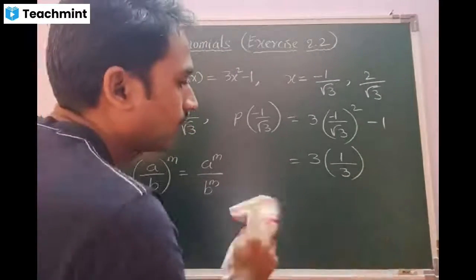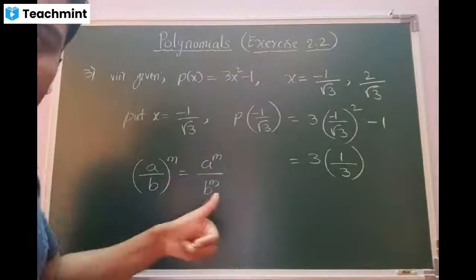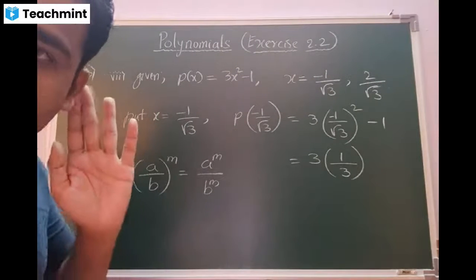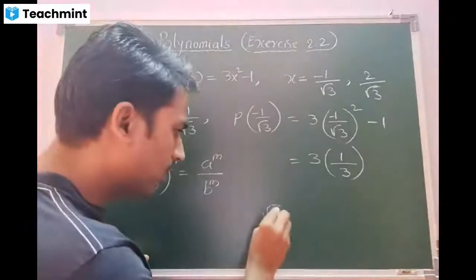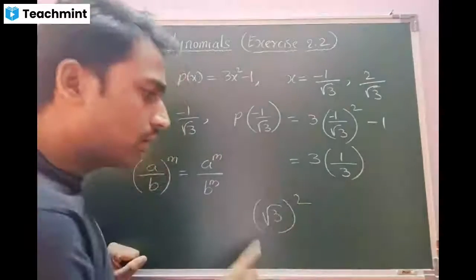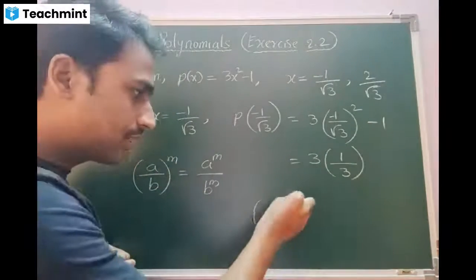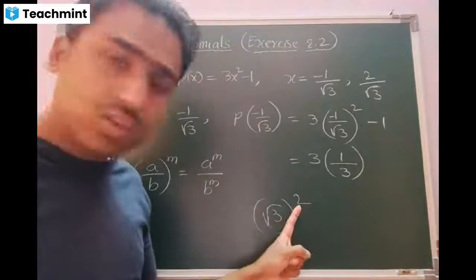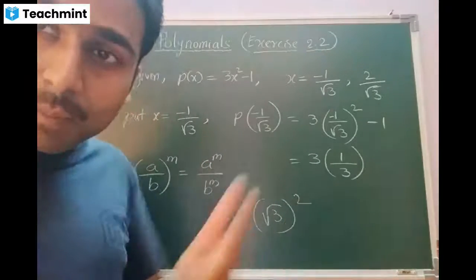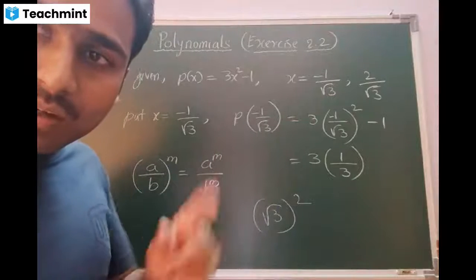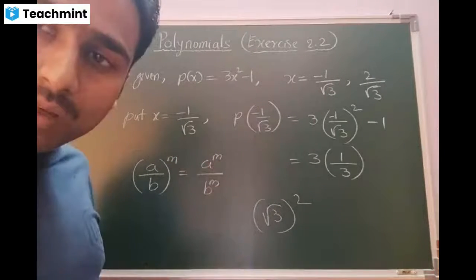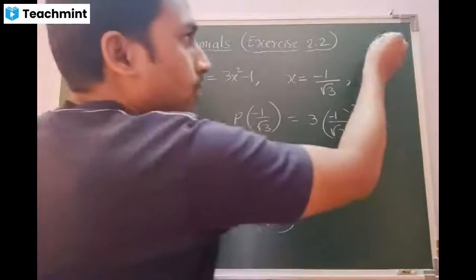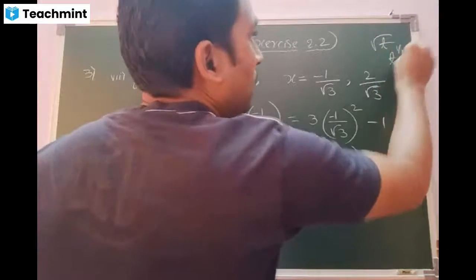Okay. Any confusion? Okay. Here also, just now I said square root of 3 the square. I said this and this getting cancelled. Question comes, sir, why this root and this 2 is getting cancelled? If you remember, beta, I was dealing with one of the questions in 2.1 wherein we got root of t. I said this root of t can be written as t to the power half.